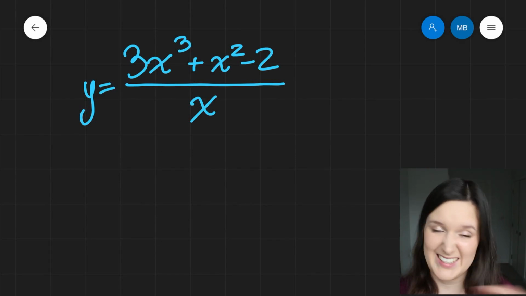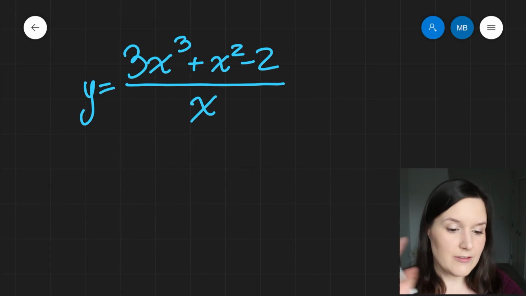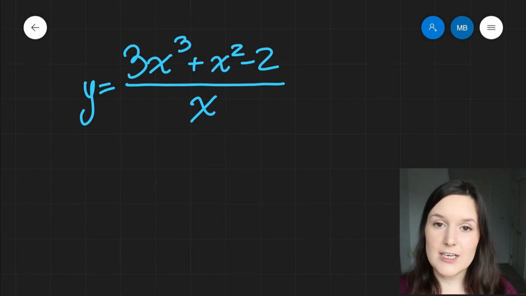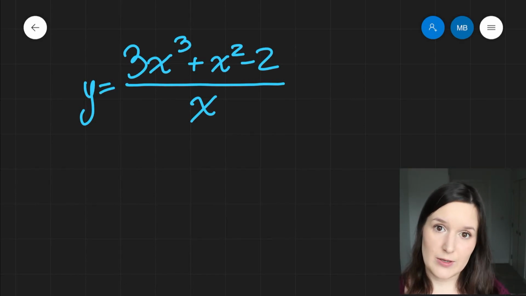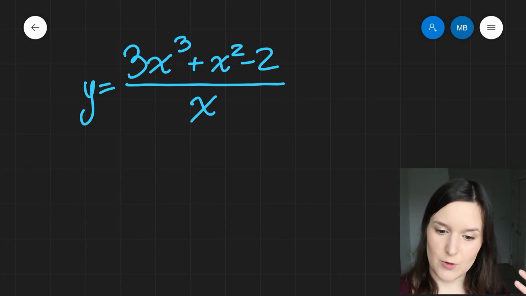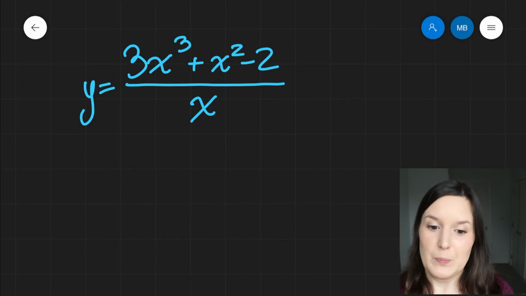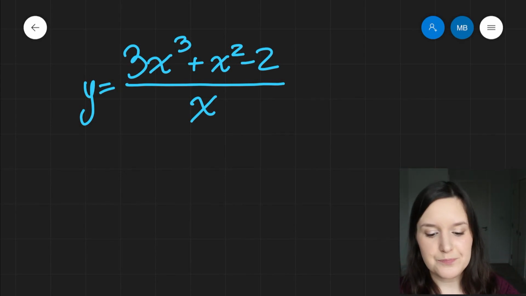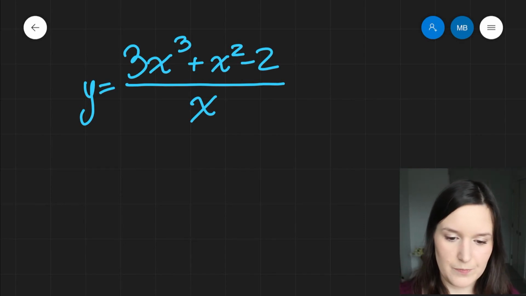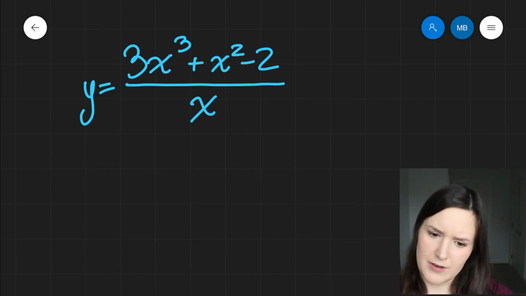I know it's tempting, but that's not how it works. You can find the derivative separately only if it's addition or subtraction. If there was multiplication, we had to expand. If there is division, if there is a fraction, if there is a quotient, we will separate it. Okay, so I can separate fractions.